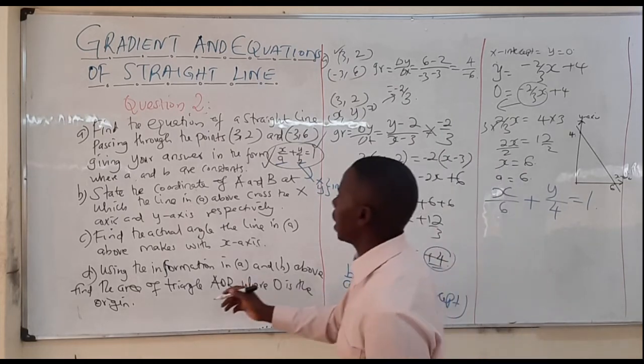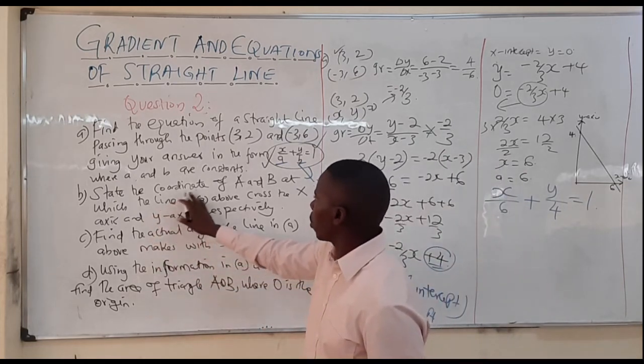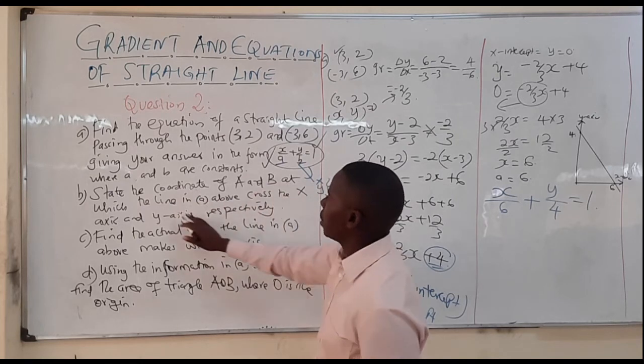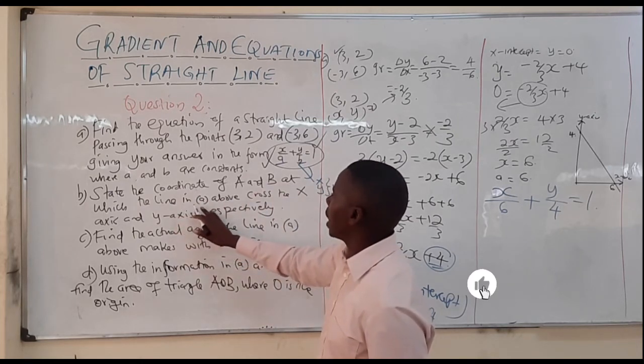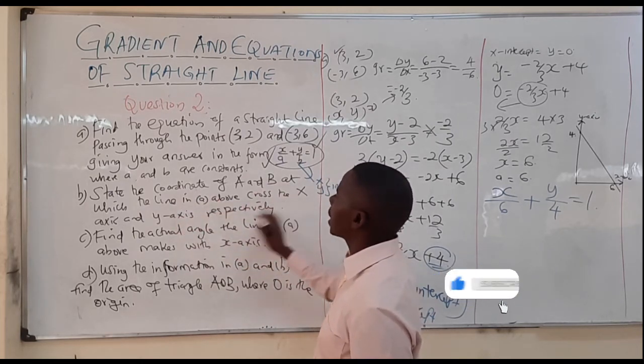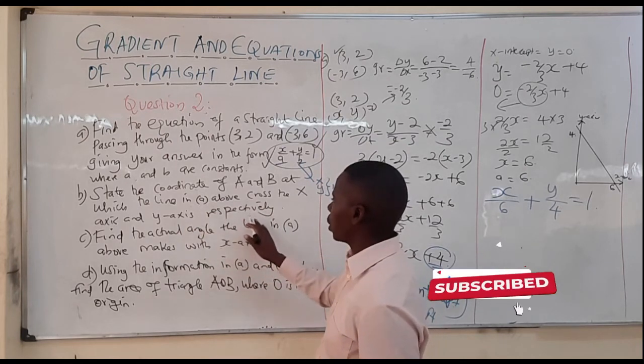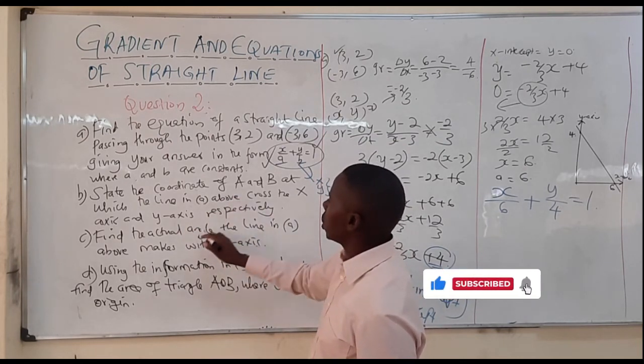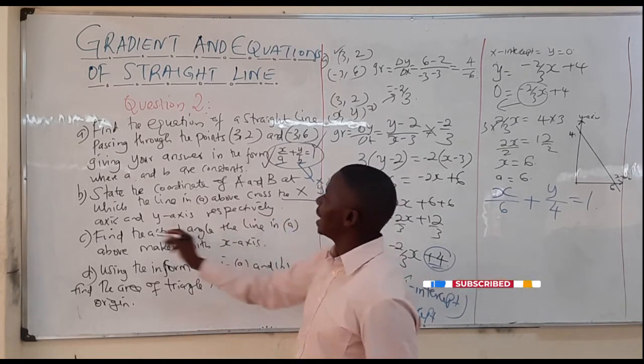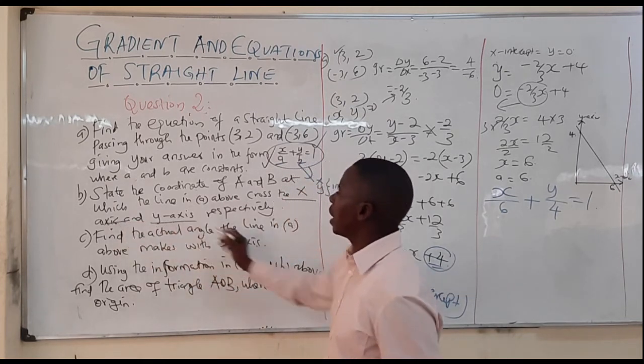We have been told that this is the coordinate of A and B, at which the line in A above crosses the x and the y axis respectively. Meaning A is the x-intercept and B is the y-intercept.